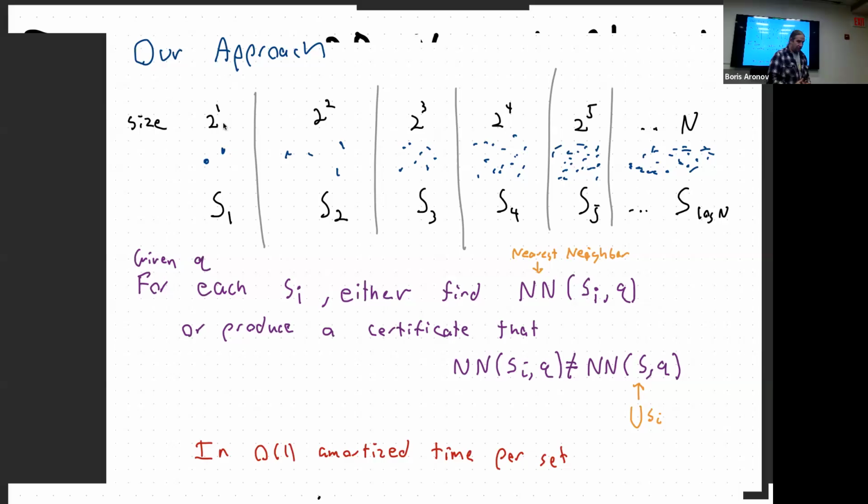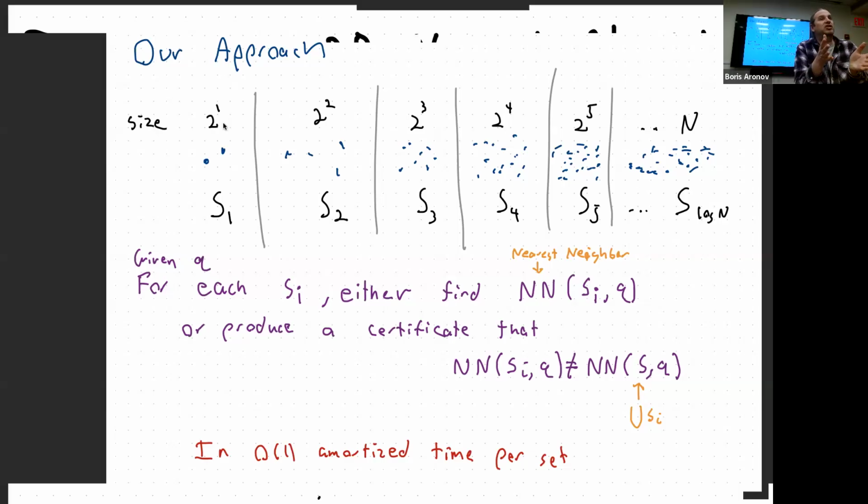So Chazelle says we cannot find the closest point in each set. What we're going to do in each set is either find the closest point, or deliver a proof, a certificate, that there is no point in that set that could be the globally closest point.